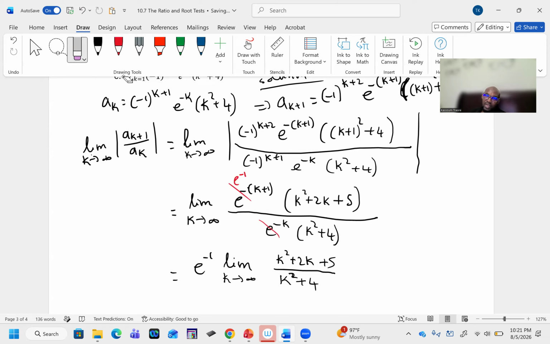Because e to the power of negative 1 is a constant, so I can put that before the limit, right?